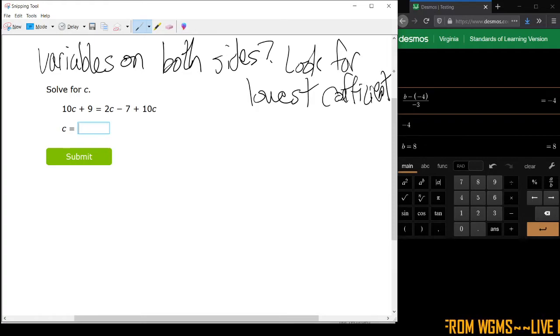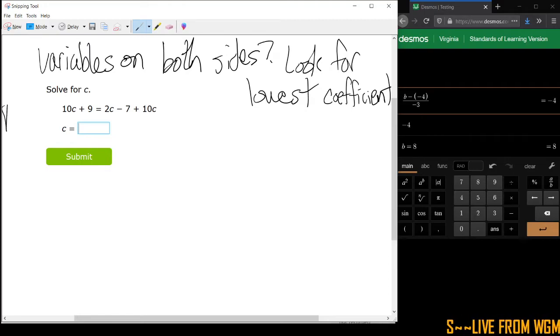The lowest coefficient. Let's actually spell that a little bit better and a little less sloppy. There.